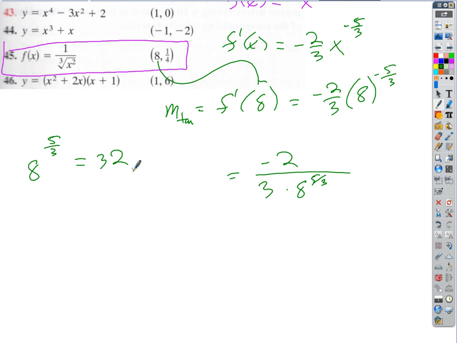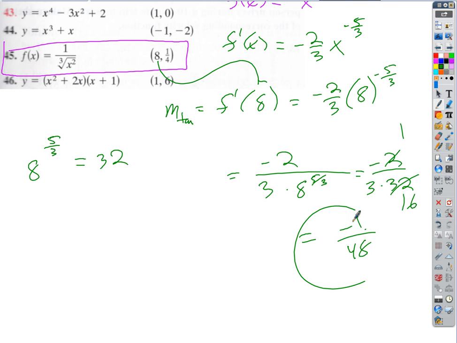So on the bottom, I'm going to get a 32. So negative 2 over 3 times 32. That's going to reduce to a negative 1 over 16. So I get negative 1/48, right, is my slope. That's the slope of the tangent line.